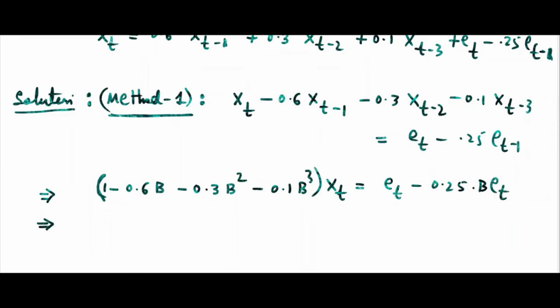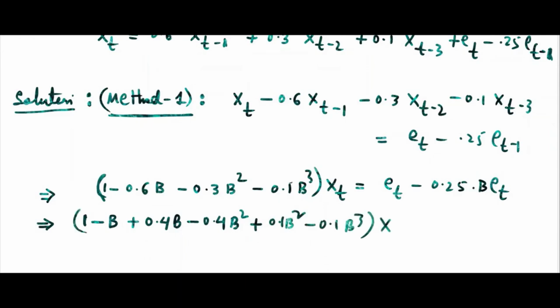But we need to find the 1 minus b factor if any is. For that, if you want, you can check this way also. 1 minus b you write. Okay, then you see anything you need to change. I have to write plus 0.4 b, so that this will be compensated, minus 0.4 b square. So if you take 0.4 b, you will get again 1 minus b, but we have minus 0.3. So 0.1 b square, you have to write minus 0.1 b power 3 xt.